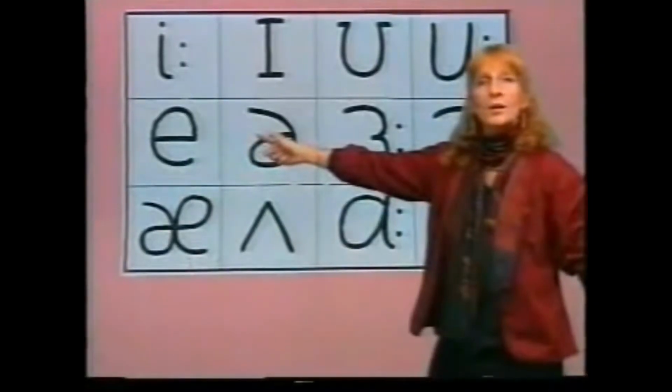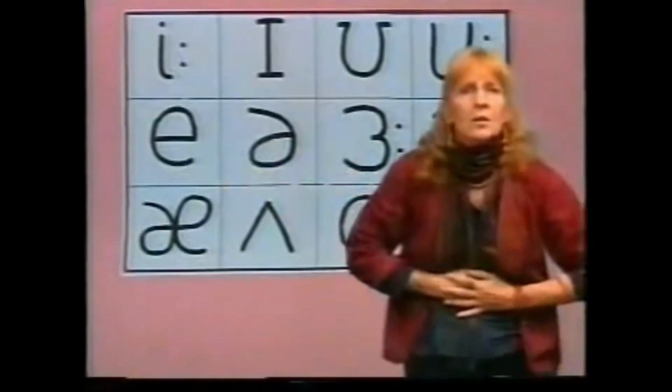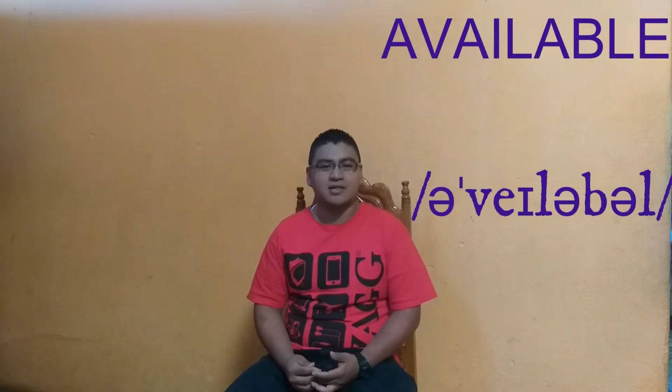Another aspect that we are going to face when we are learning a second language is the sound of the schwa. Words in English tend to have this vowel sound in many words. For example, in about, available, and woman.